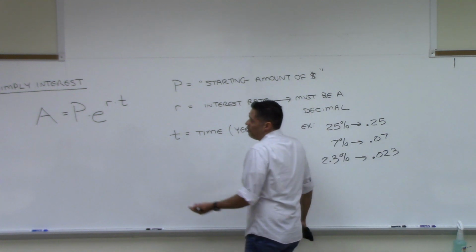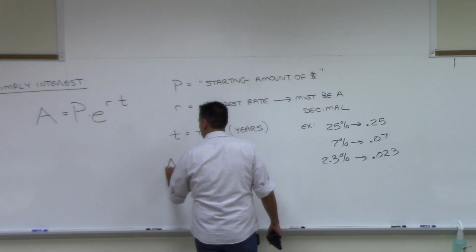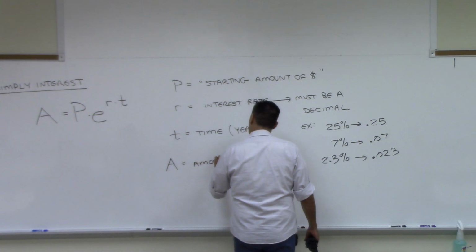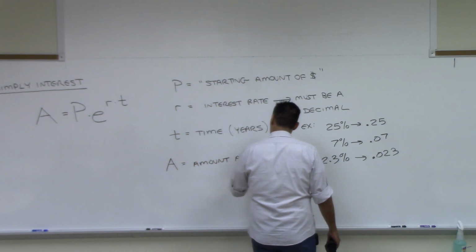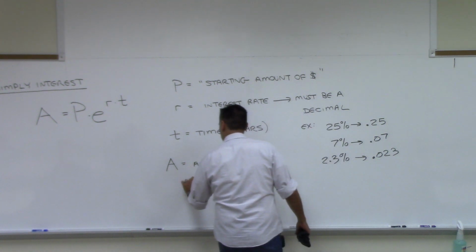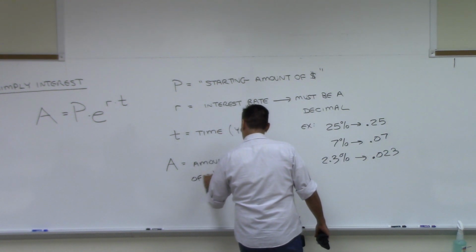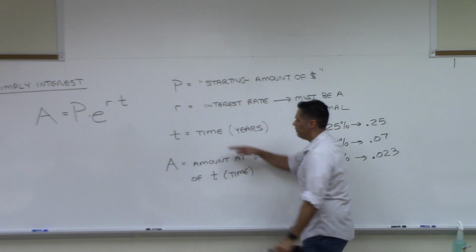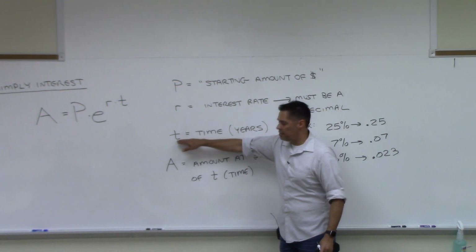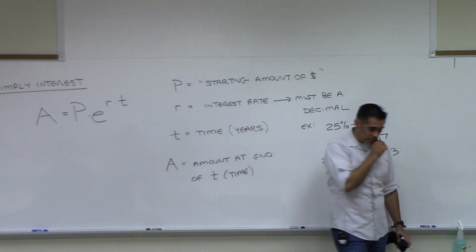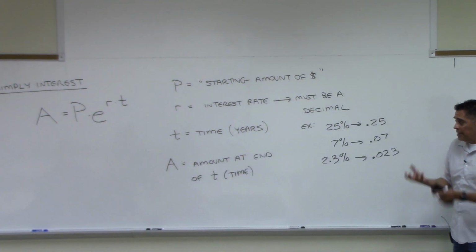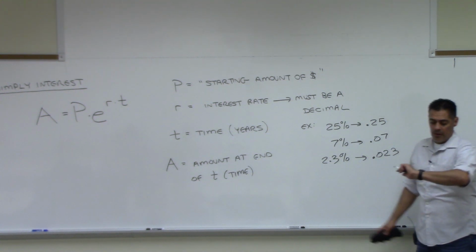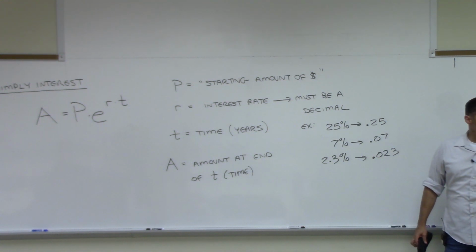And then the last part of the formula is the A. The A is the amount that you would have at the end of time T. So if you leave it in there for 3 years, the A is going to calculate how much money you would actually have at the end of that time. And that's it. That's your simple interest formula.